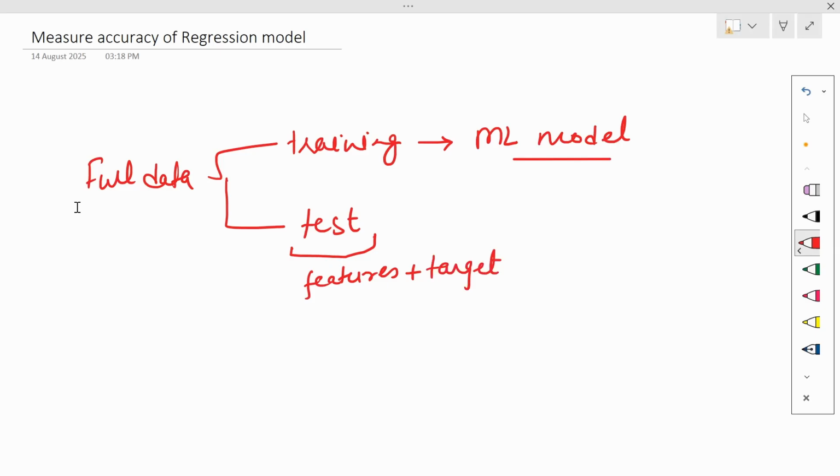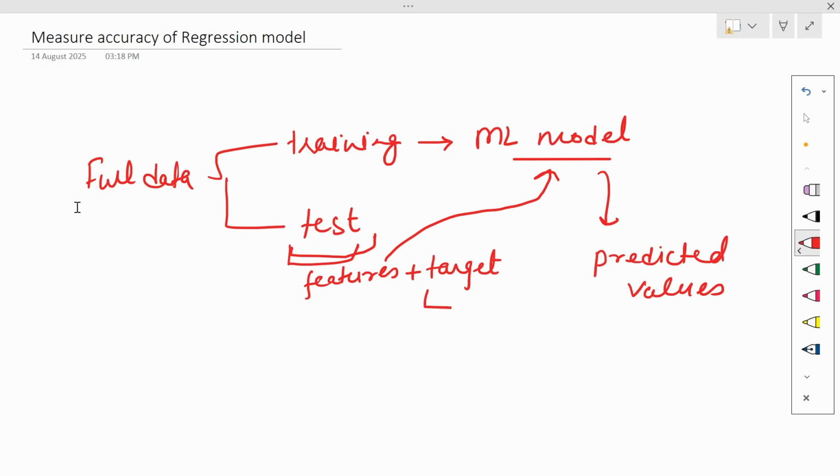To test how well our model is performing, we pass the features of this test data to our ML model and we get the predicted values. Now we have two sets of target values for this target set.